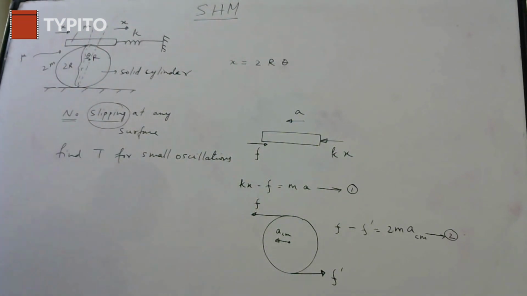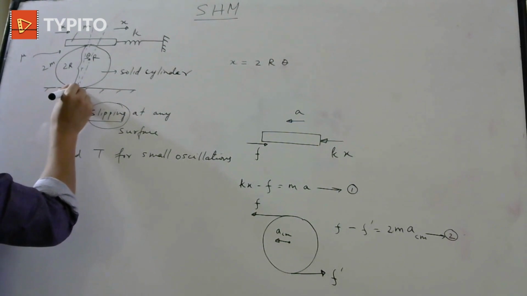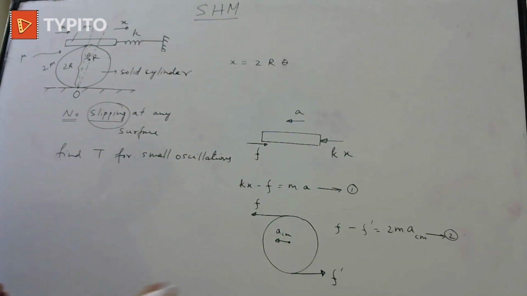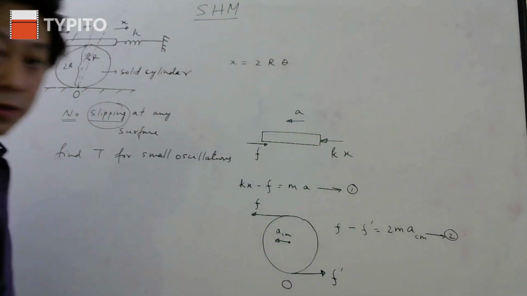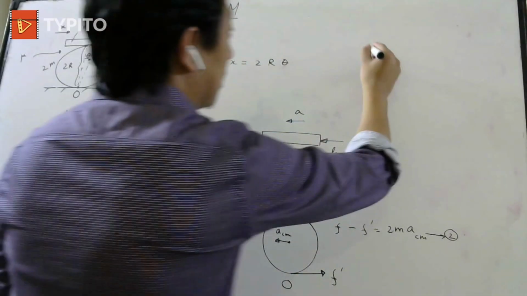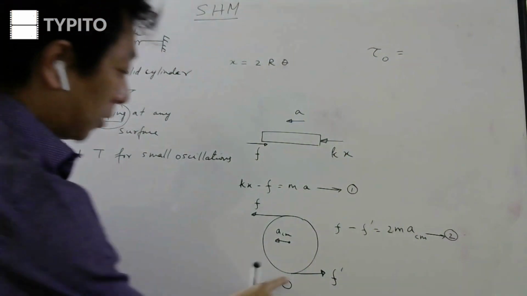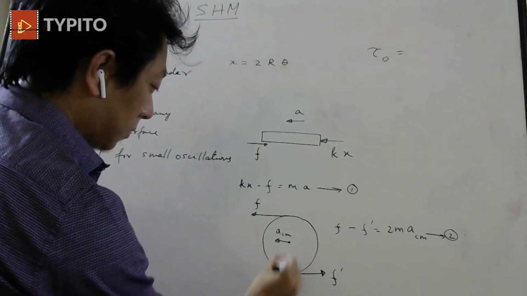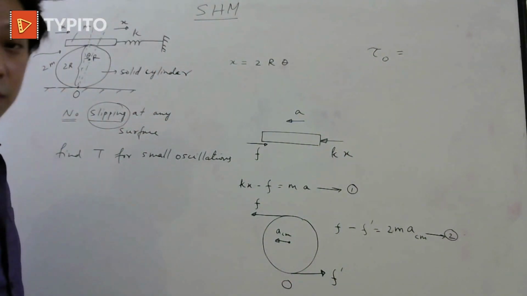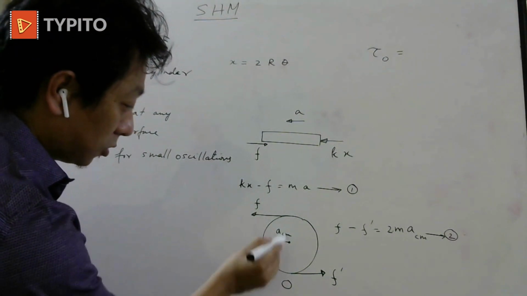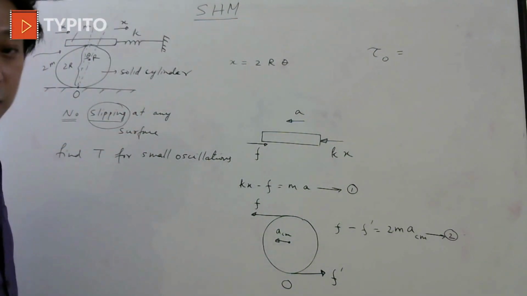So let us try to calculate the torque about this point, O, which is this point, right? So torque on the cylinder about O will be equal to, about O there may be some normal force, but that will pass through O, so that will not create torque. Mg will also pass through this point, so that will not create torque.